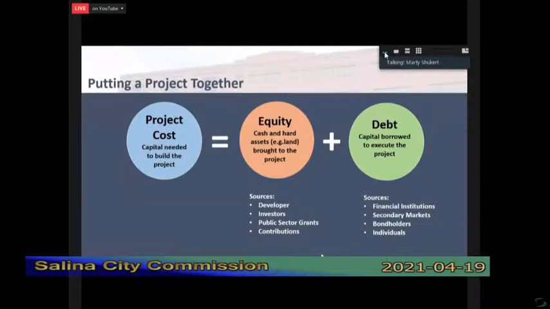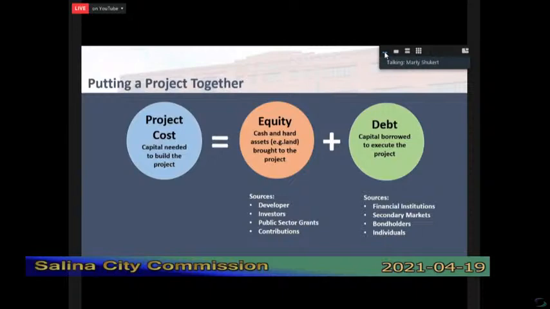Debt can be bondholders. So in some projects or in things like RHIDs, which we'll talk about in a few minutes, bonds might be sold, and those bondholders are lending money effectively to a project and are paid back by the operating revenues of the project. Or in the case of many of us who were young homeowners at one time, individuals can hold debt as well.